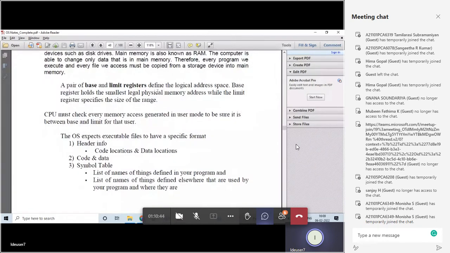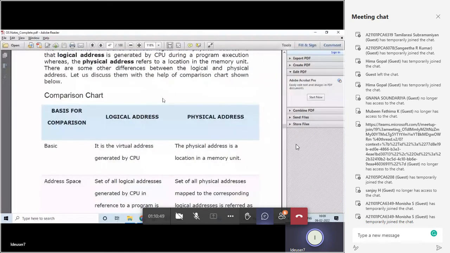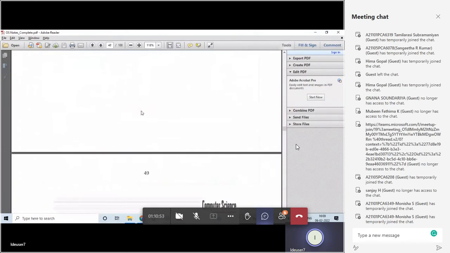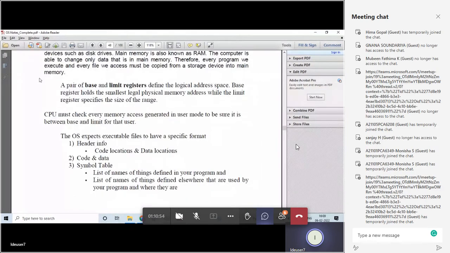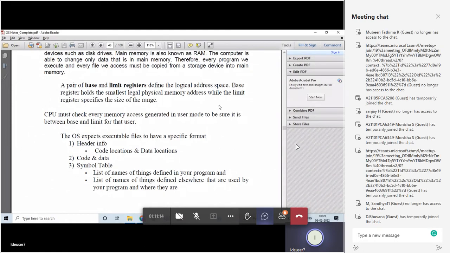Then, what do you mean by base and limit registers? The first two tools of memory management are the base and limit registers. A pair of base and limit registers defines the logical address space. The base register holds the smallest legal physical memory address, while the limit register holds the size. Simply, the base register will tell you the starting point of the address.